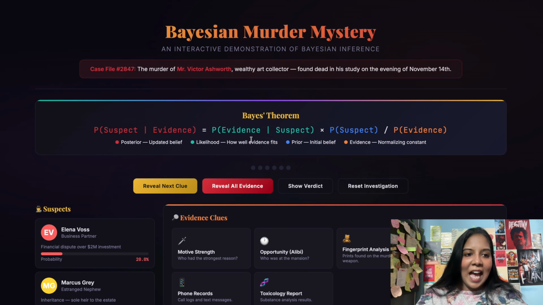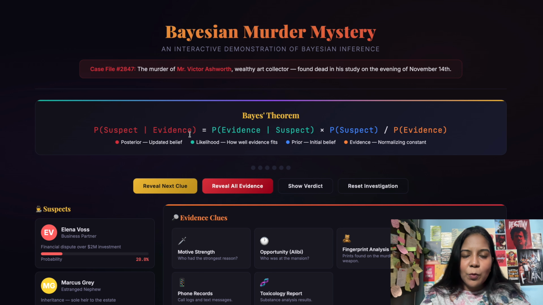Here, I have this case file, which is the murder of Mr. Victor. He's a wealthy art collector, and he died on November 14th evening in his study room. So we have the Bayesian theorem, and we know the formula, right?